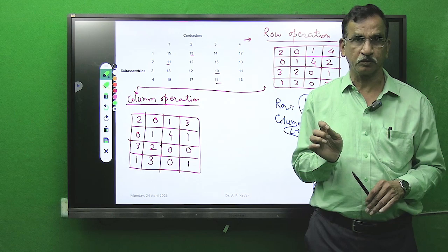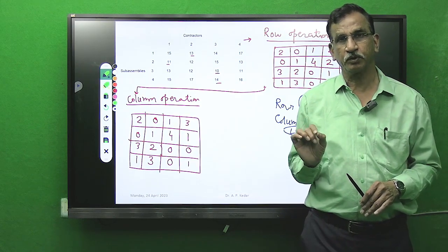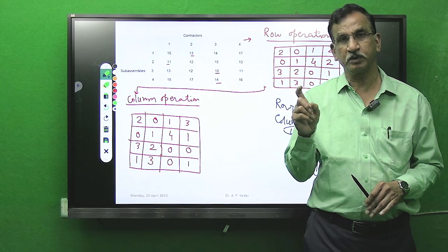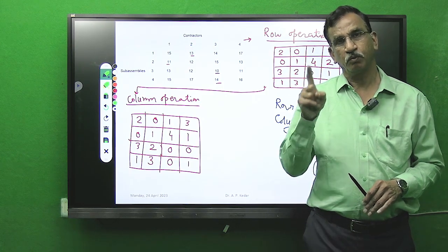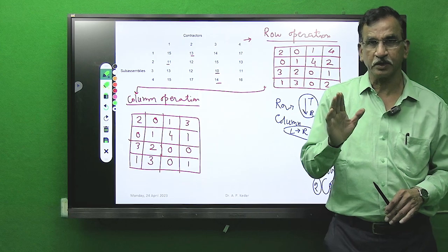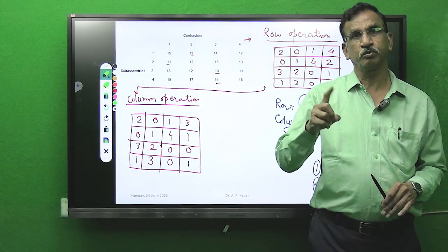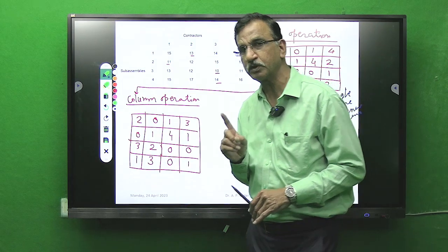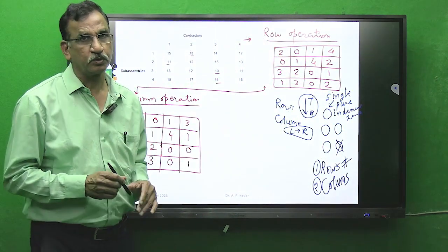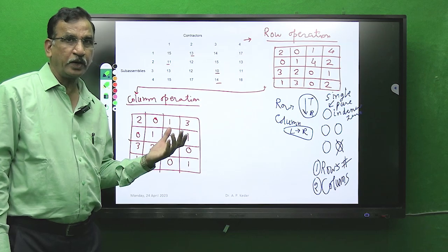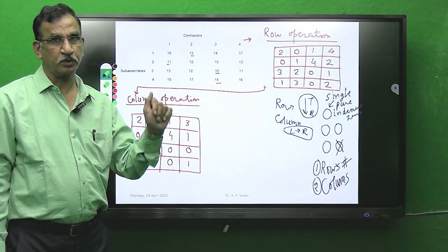I am using the words related column because assignment is 1:1. One facility to one related facility. You cannot assign one facility to more than one. So since it is 1:1, you assign to the respective row and cross off the 0 of the corresponding column.